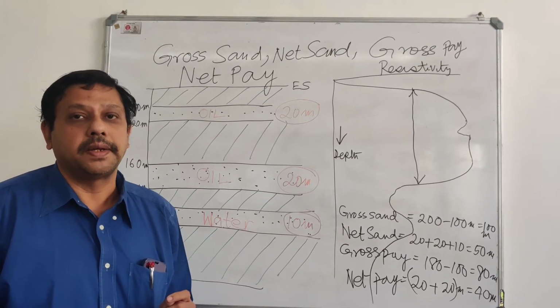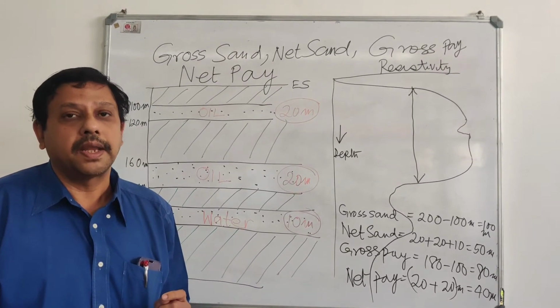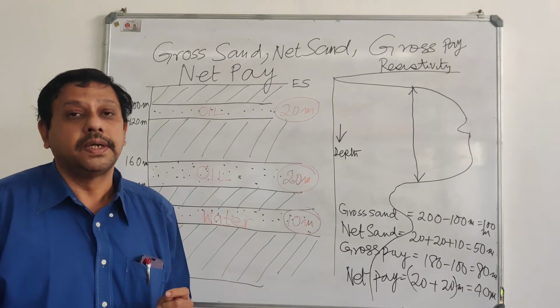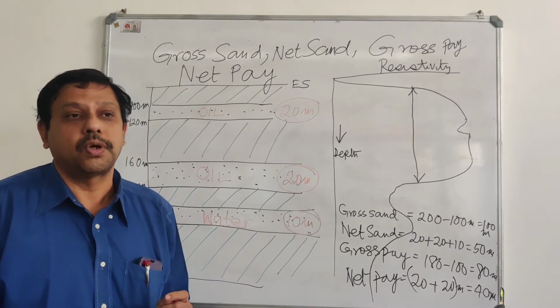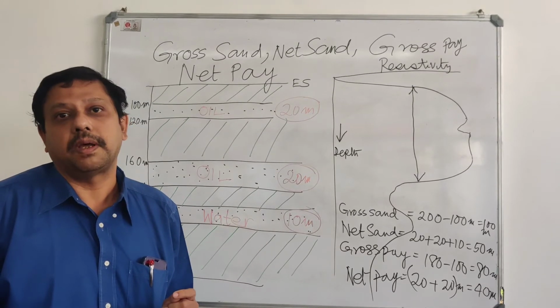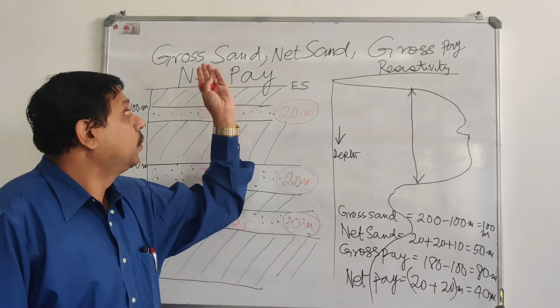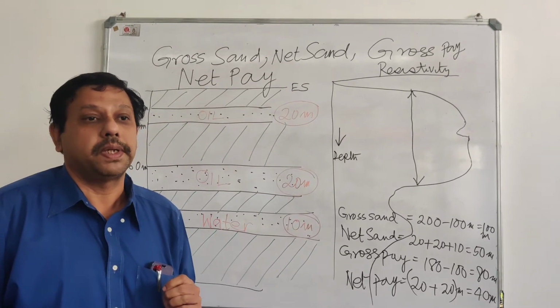The next one is the indicator log, which is the resistivity. And we will be learning three types of porosity log, which are the neutron, the sonic, and the density. All logs need to be studied together to understand these four parameters.